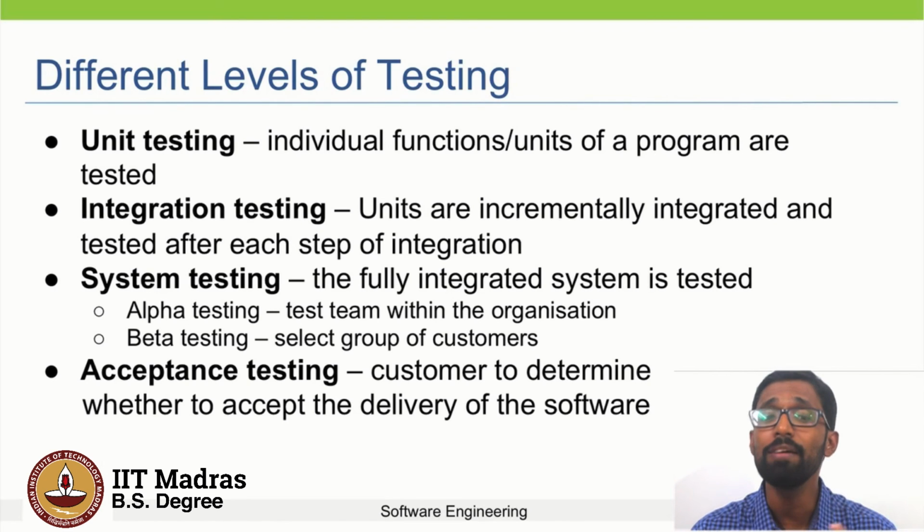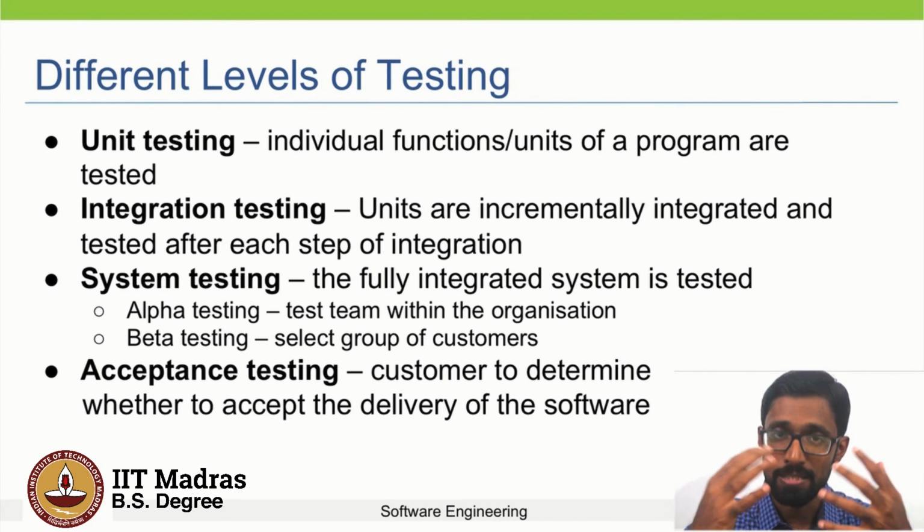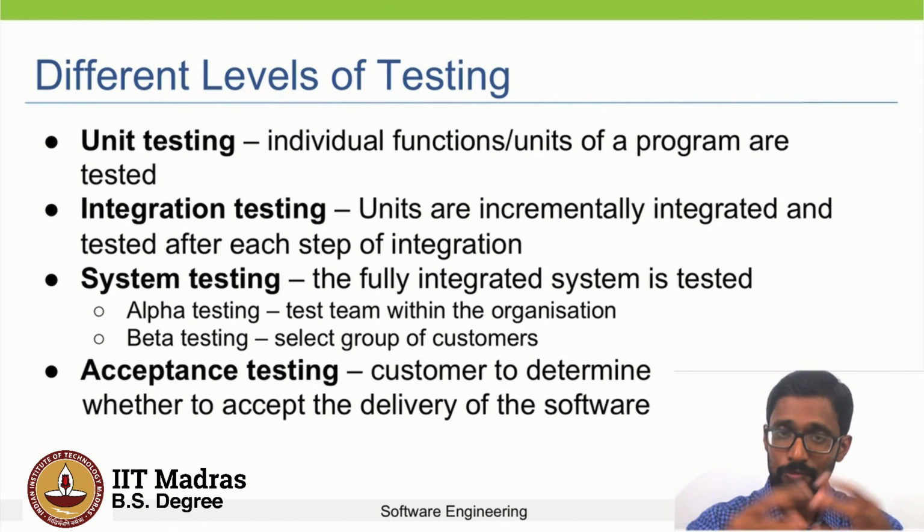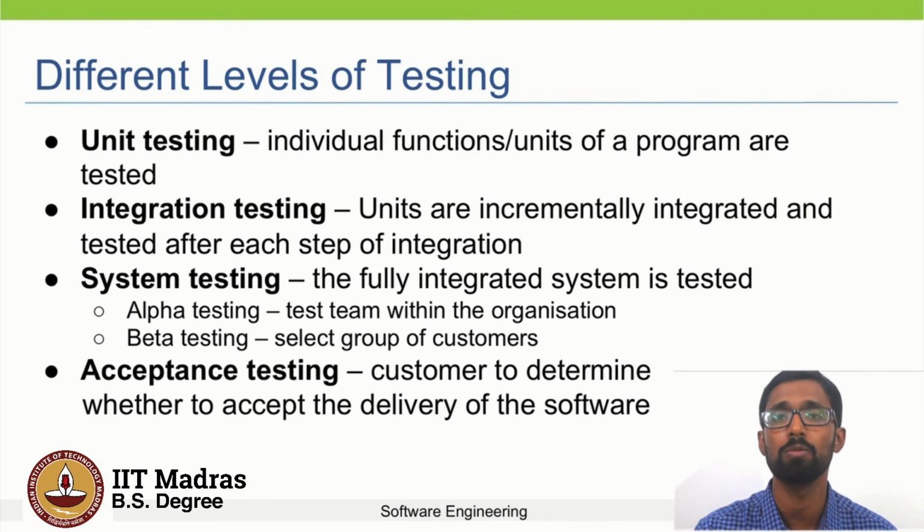Then finally, we have what is known as acceptance testing, where we give the system to the customer and the customer sees if the system satisfies the requirements or the user stories which were communicated to the team at the start, right?